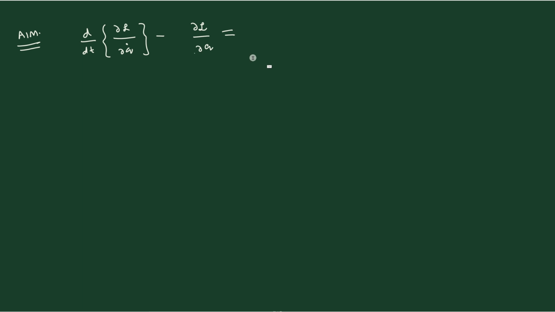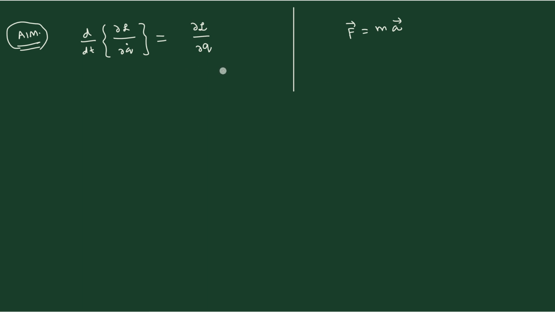Is it okay? This is what you have. So this is the Euler-Lagrange equation. And for comparison, let us write down F equal to ma here. So the aim is, we'll have to perform some calculations and then understand this equation that we derived.